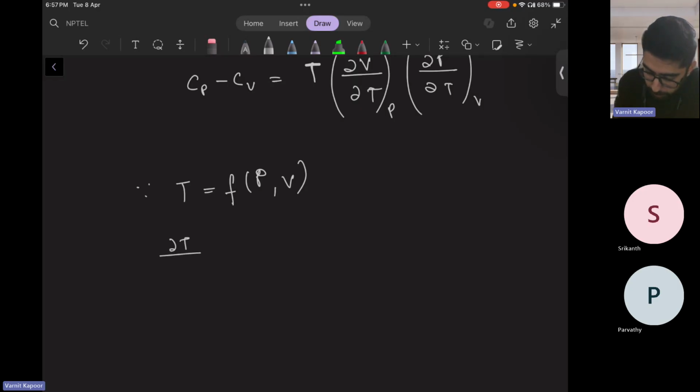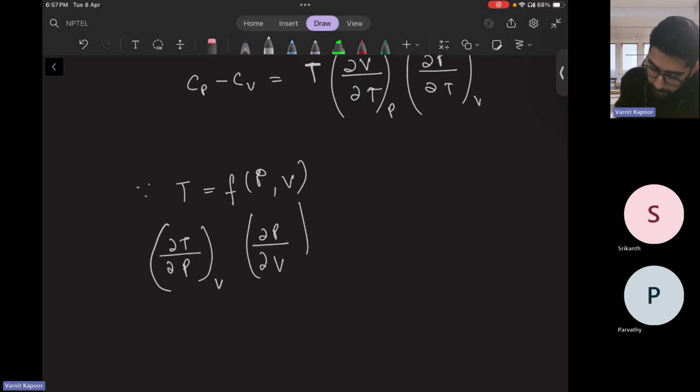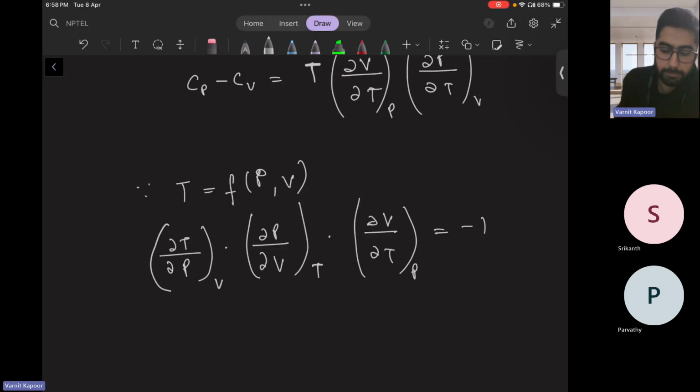What do I mean? dou T by dou P at constant volume times dou P by dou V at constant temperature times dou V by dou T at constant pressure is equal to -1.